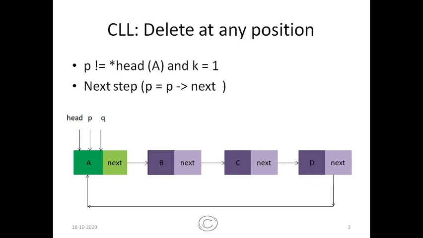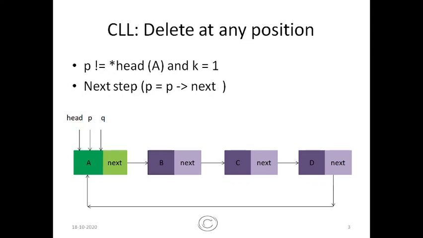Now according to the algorithm, we have taken another integer value, k equal to 1. So we have to initialize k equal to 1, and that will keep track of the position. So we'll check the condition in the while loop that k is less than position. The position value will be 3.